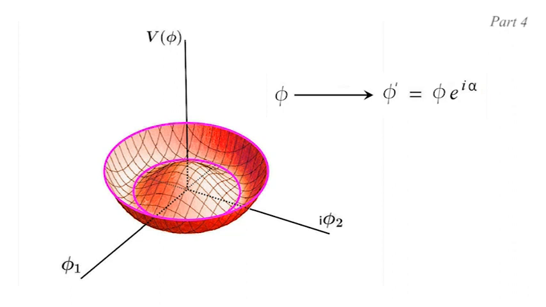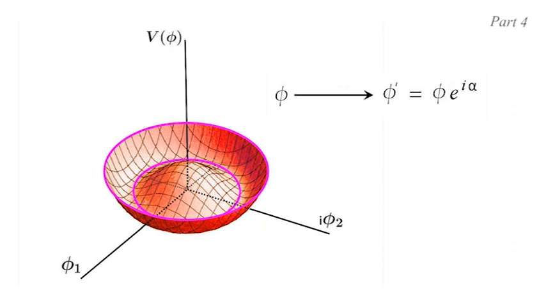As I say, in other words, if the field phi is multiplied by e to the i alpha, nothing really changes. This is not just a simple mirroring, not just a simple shift in values like we had before. This is a continuous transformation law of the field. And the Lagrangian is still symmetric or invariant under this continuous transformation. If you like, nothing changes as you move around a circle.